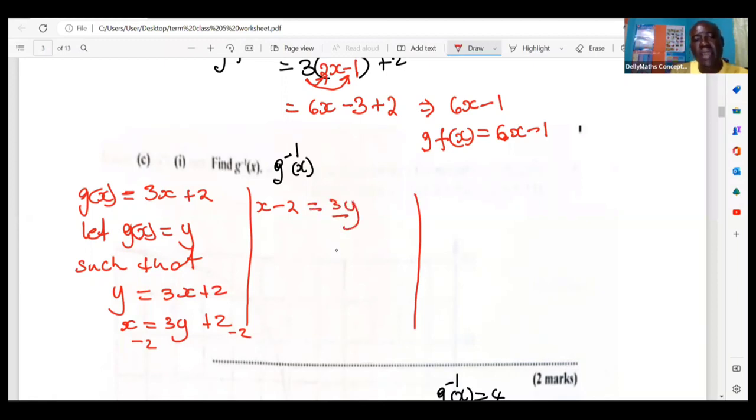And then you're going to divide by 3. And finally, you have x minus 2 over 3 equal to y. But you would have known that they didn't ask you for y. They asked you for the inverse of g of x. So you're going to say the inverse of g of x is x minus 2 over 3.